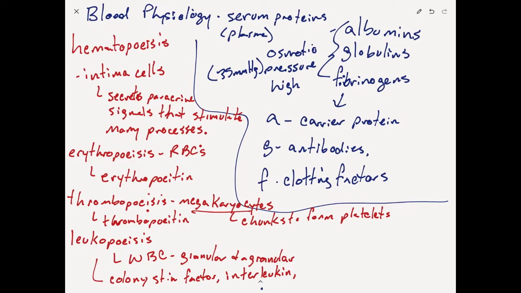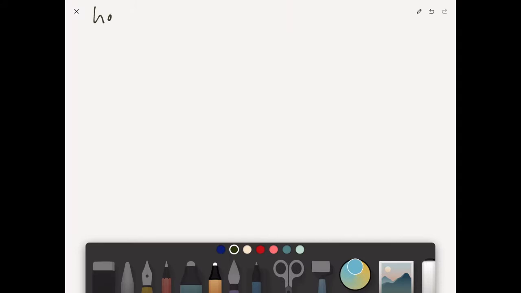Stem cell factor, and many other factors that really just stimulate the process of white blood cell formation. So these processes that are involved in hematopoiesis occur in multiple places.